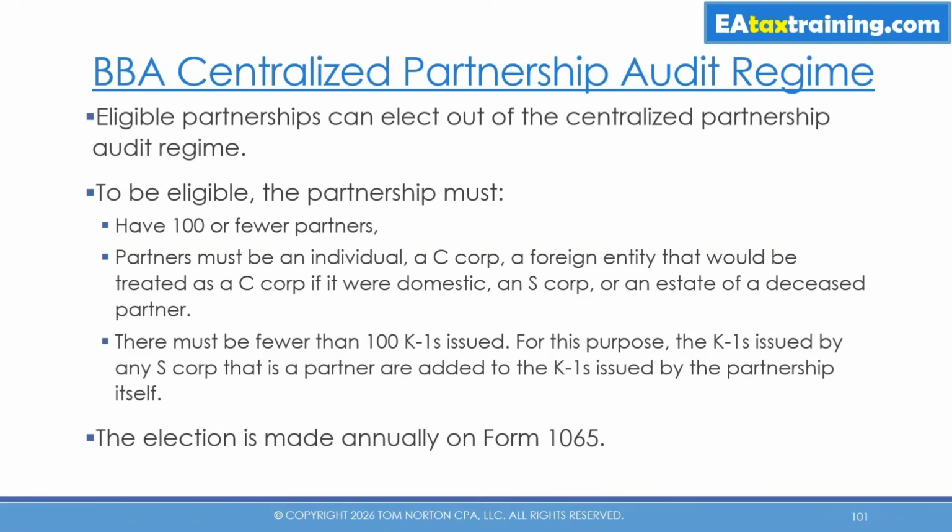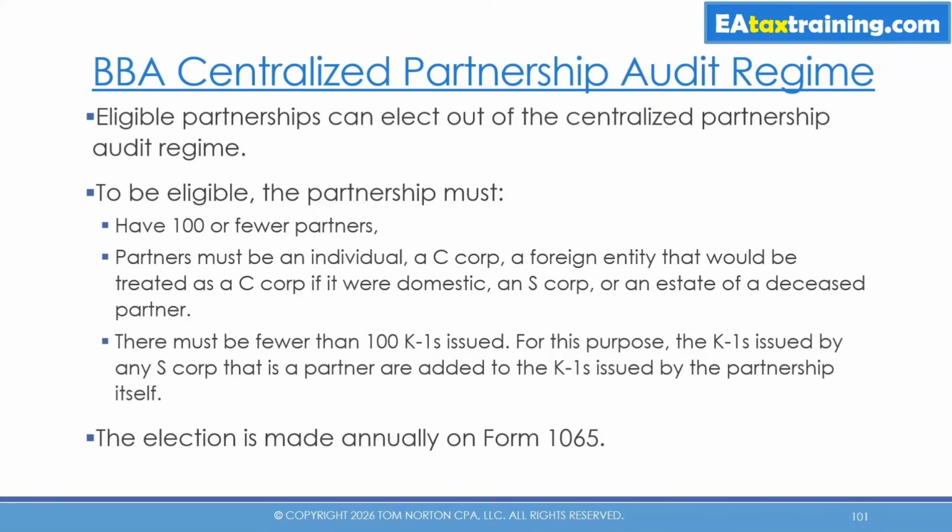So if you have, for instance, a trust as one of the partners, you cannot elect out. If you have a partnership that is one of the partners, you cannot elect out. The partners have to be an individual, a C Corp, an S Corp, or the estate of a deceased partner.